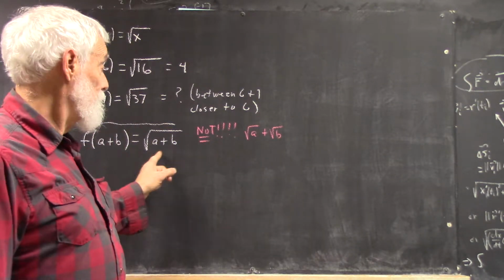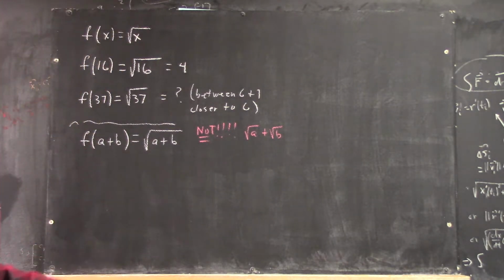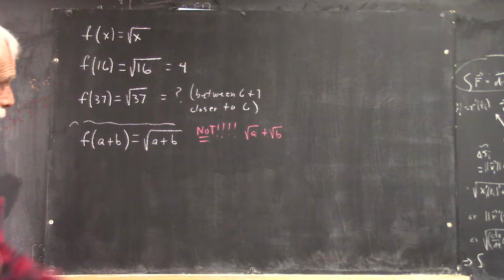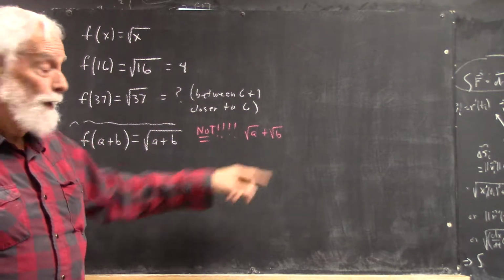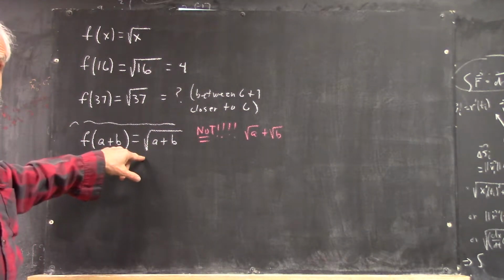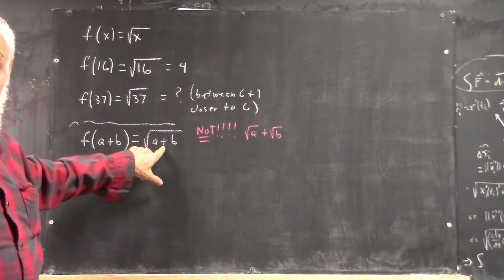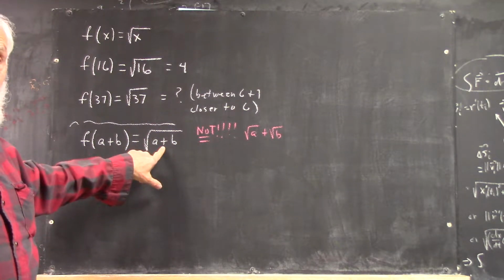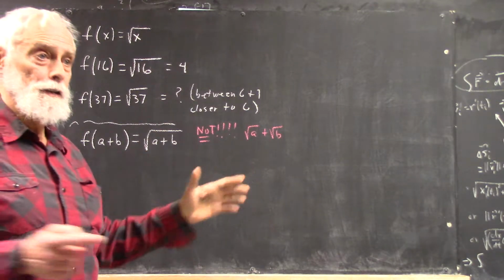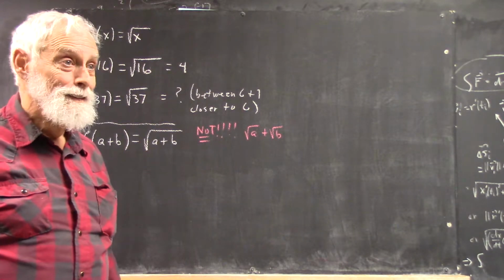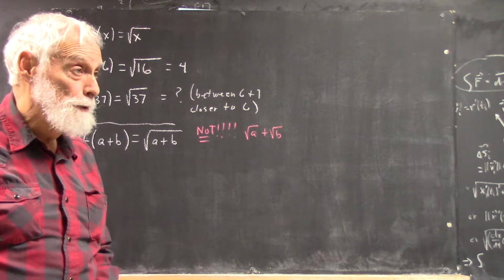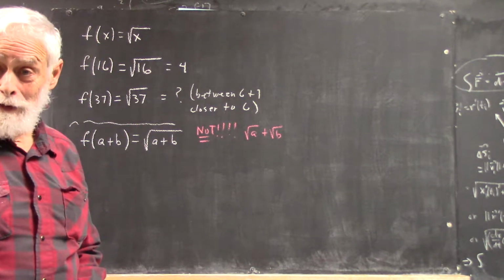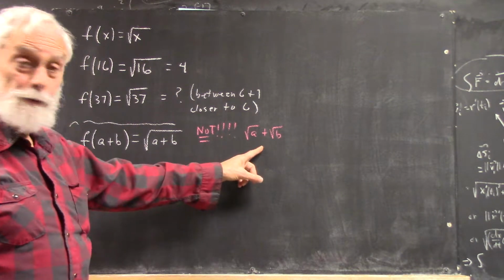So you can instantly use that example or any number of examples to prove to yourself that this is not the same as this. In other words, the square root doesn't distribute over addition. Now, since you're used to doing mathematics by habit, and since it looks like that ought to distribute, if you're used to the distributive law, which you probably are, it's real easy to accidentally write this down.